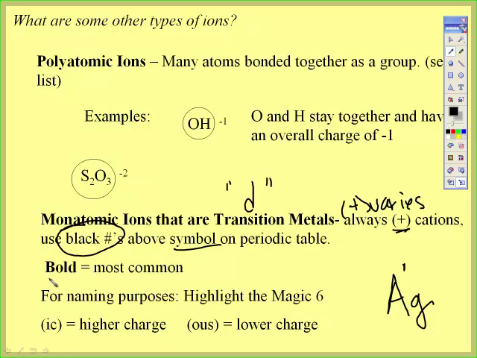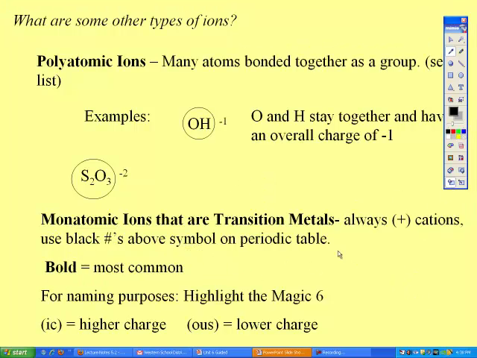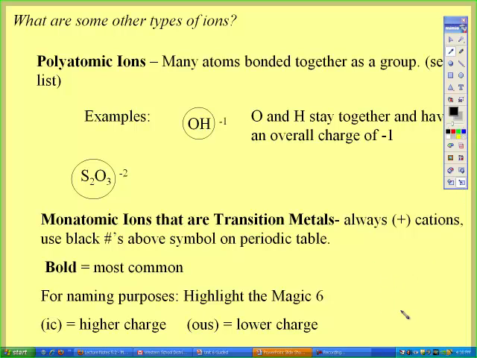Now some elements have several numbers, and the bold would be the most common of those. So for example, let's say you have cobalt.